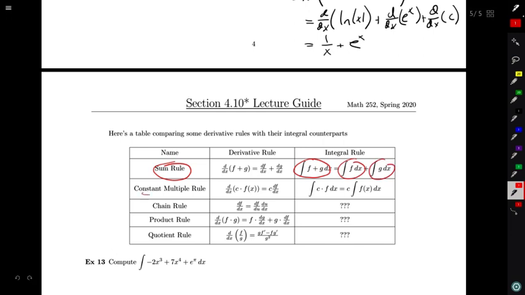We have a constant multiple rule as well, which says that the integral of a constant multiple is the constant times the integral. And we had a couple other rules for derivatives, like the chain rule, the product rule, and the quotient rule. We can state those in terms of derivatives, but for the moment, we don't really know what the corresponding integral rules are.